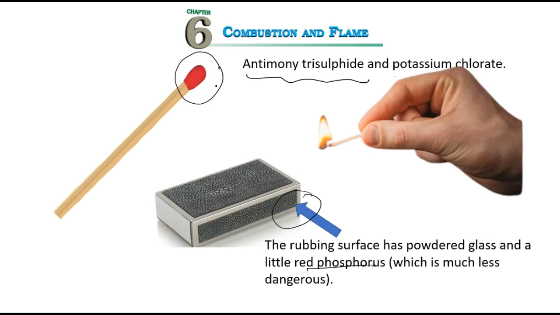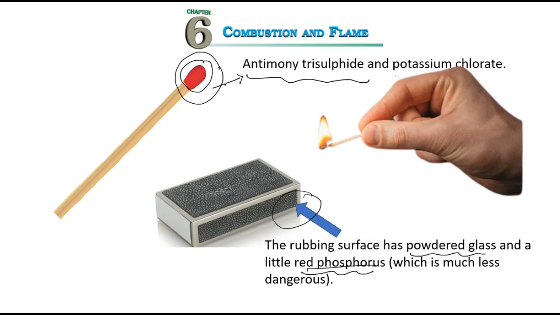So once we rub this matchstick, the head of the matchstick is a mixture of antimony trisulfide and potassium chlorate. Right? When we rub this over this surface, which is a mixture of powdered glass and red phosphorus. And why red phosphorus? Because it is less dangerous. It doesn't suddenly catch fire.